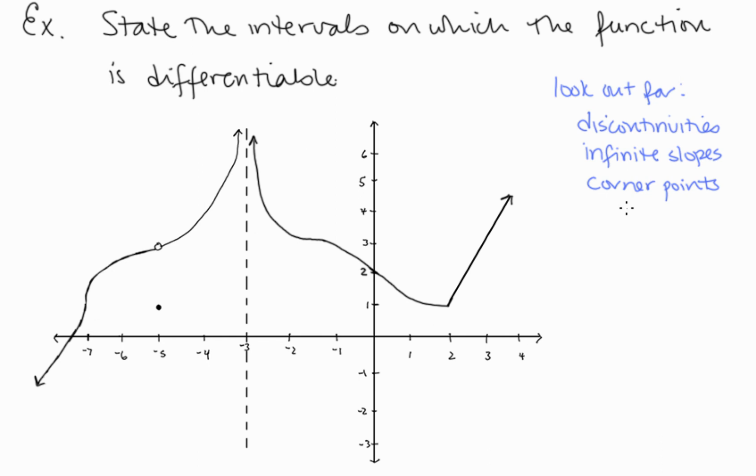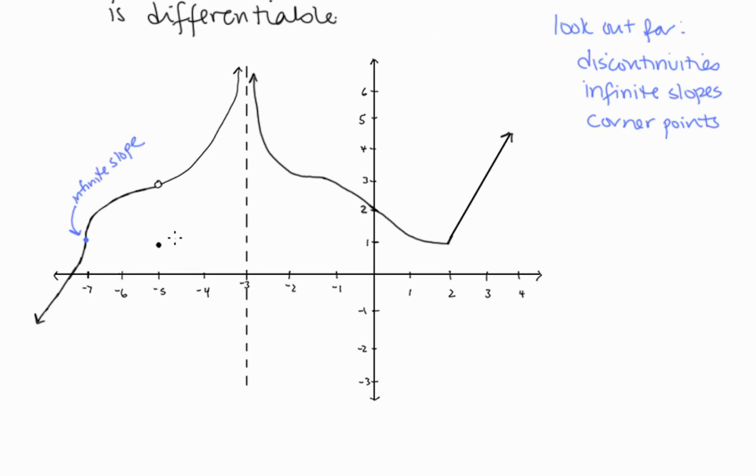So let's start at the left and see what we have here. Here, at x equals -7, we have an infinite slope. So that tells us that f is not differentiable at -7. So f prime of -7 does not exist.